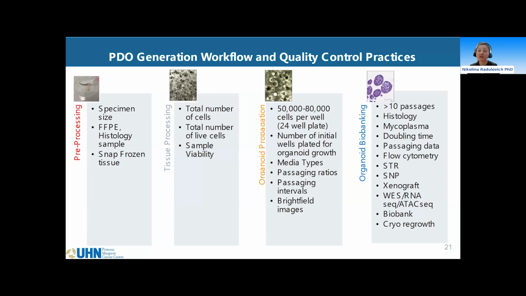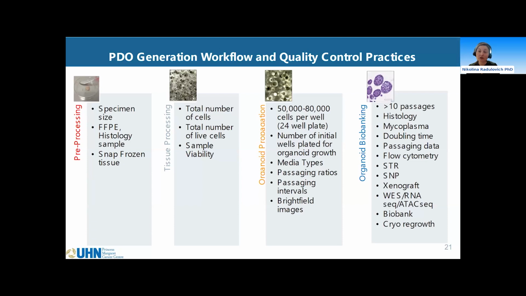That's why we do flow cytometry to make sure that whatever we're growing is the human tumor cells. We also do STR profiling to make sure that the model matches the patient. SNP profiling is used to assure that we don't have normal outgrowth, that what we're growing is the tumor organoids. We also inject these in mice, which is another test to confirm that these are tumor organoids.